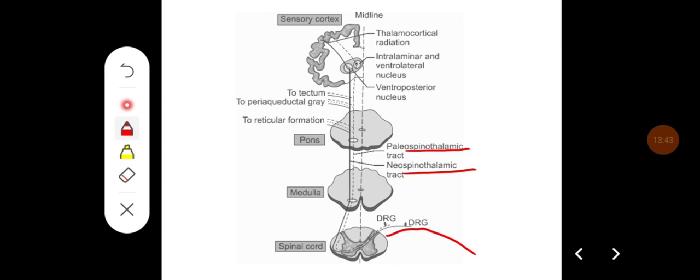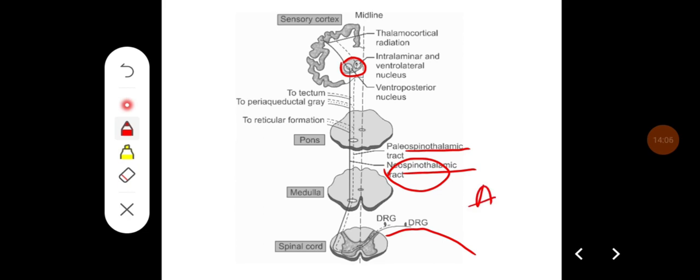Then the second order neurons ascend in the spinal lemniscus and reach the thalamus.